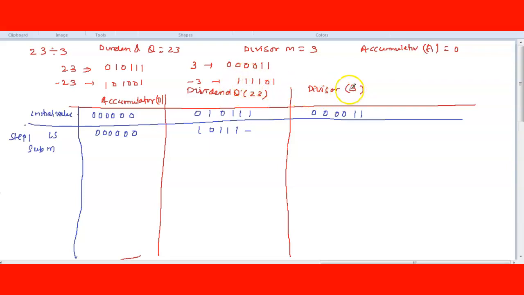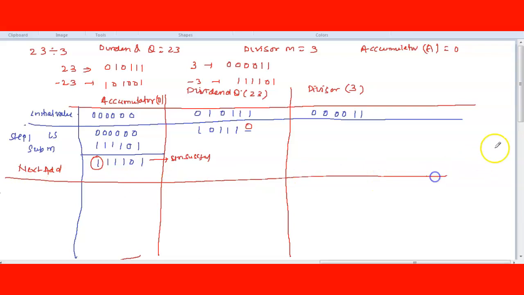Subtract 3 means adding the 2's complement of 3, so we'll get 1 1 1 1 0 1. Now we'll add it here, so we'll get 1 1 1 1 0 1. Since this MSB is 1, this is unsuccessful. So this quotient bit will be 0, and in the next step we have to do the addition. This step 1 is over.